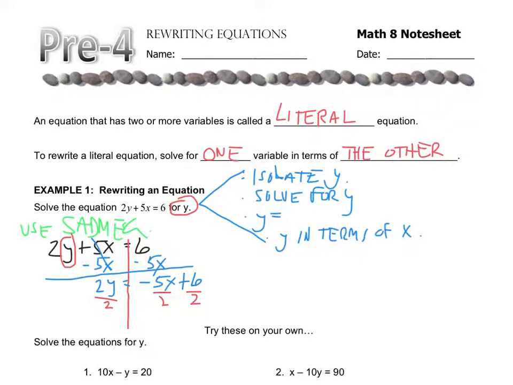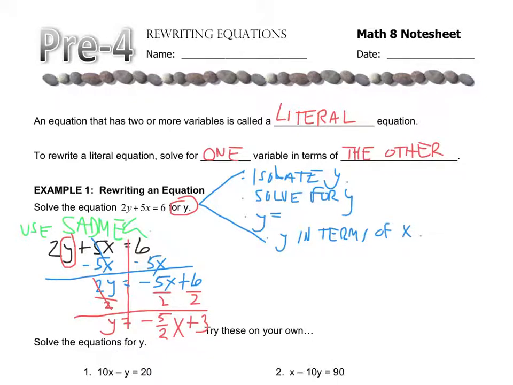Now when I take 2y divided by 2, those cancel and I get y. On the other side, negative 5x divided by 2, and notice here I'm leaving this as a fraction. It is negative 5 over 2 x, and then 6 divided by 2 is 3. This is as far as I can go.